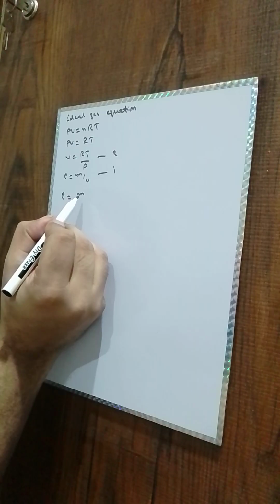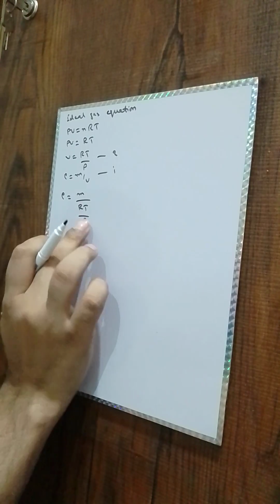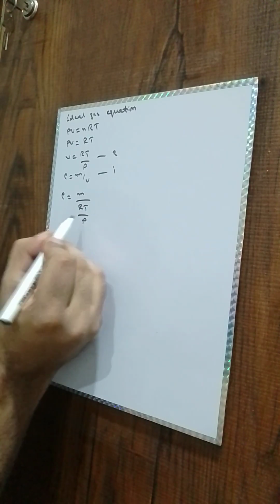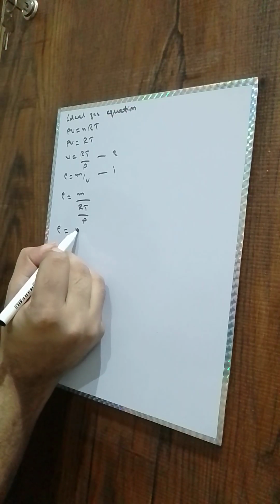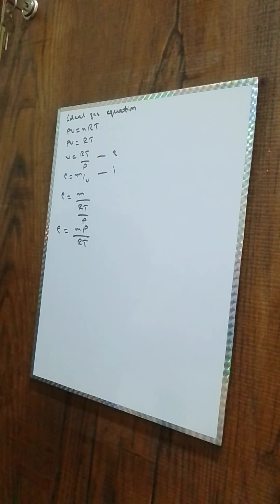Substitution says that rho is equal to m by RT by P, which means once again rho is equal to mP by RT. Okay, so this is what we have.